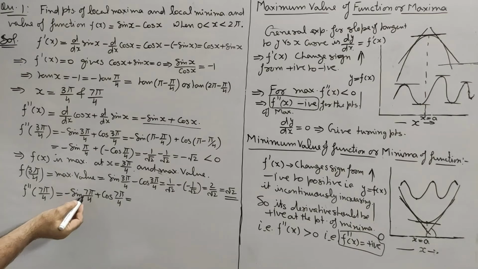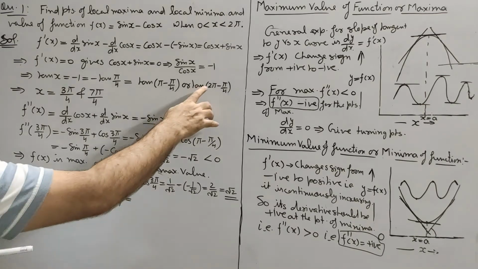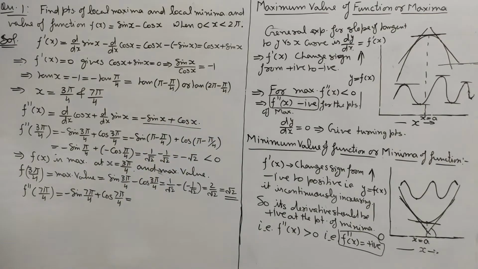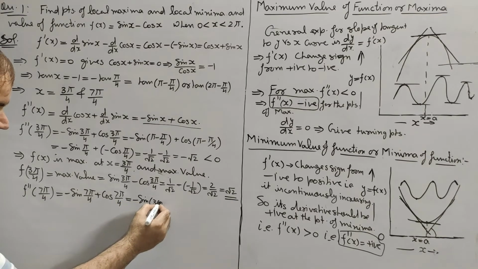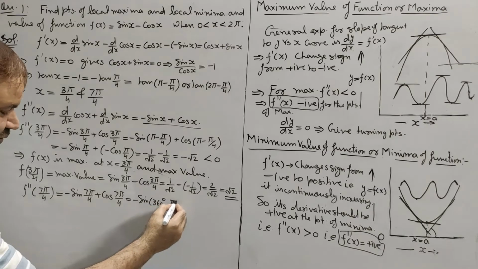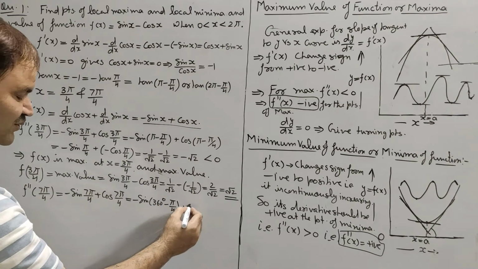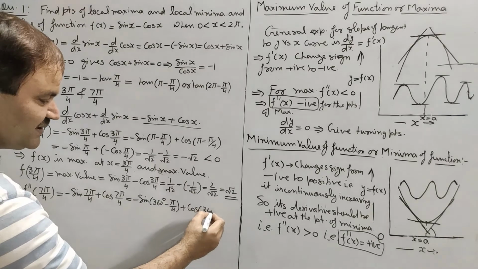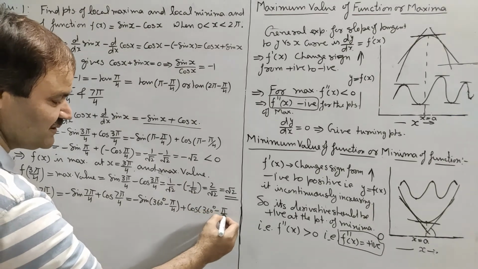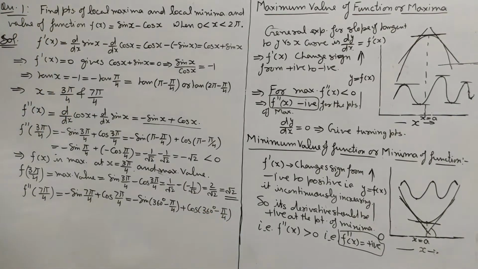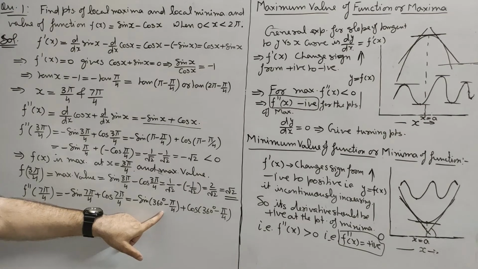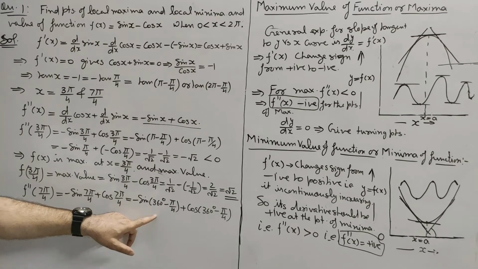So this is equal to, already we know 7 pi by 4 is 2 pi minus pi by 4, and 2 pi minus pi by 4 means 360 minus theta. So it means minus sine 360 degree minus pi by 4 plus cos 360 degree minus pi by 4. Sine 360 minus theta lying in fourth quadrant will be negative.